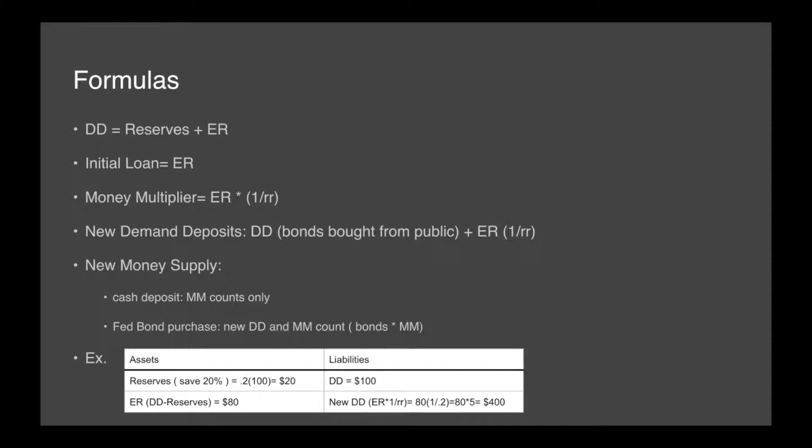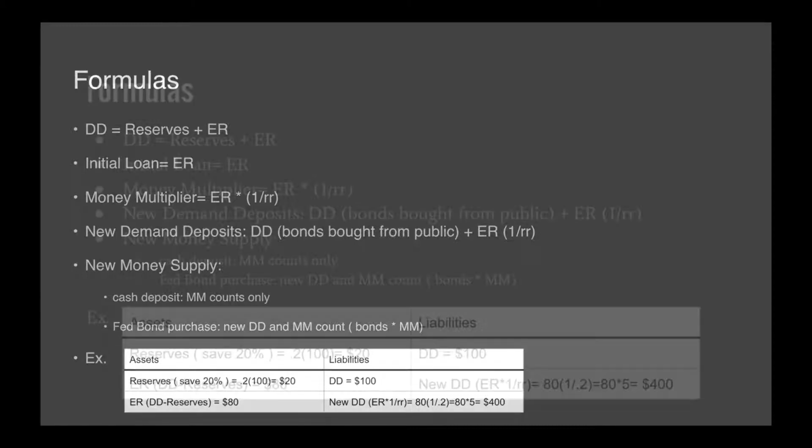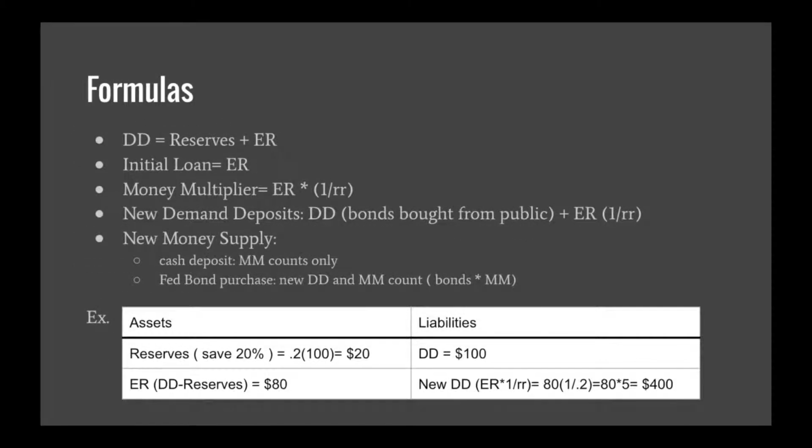The excess reserve is the demand deposit minus these reserves. And so 100 minus 20 is equal to 80. By the effects of the money multiplier, or where the bank repeatedly saves a certain percentage and loans out the rest, multiply the excess reserve by 1 over the reserve ratio.